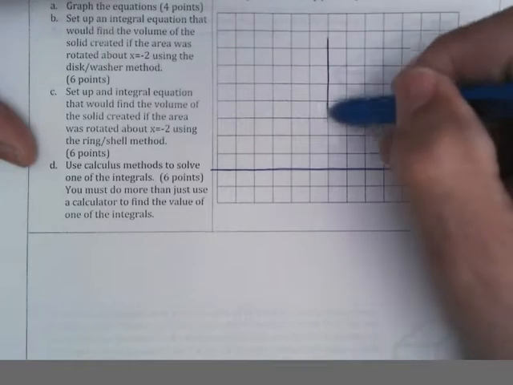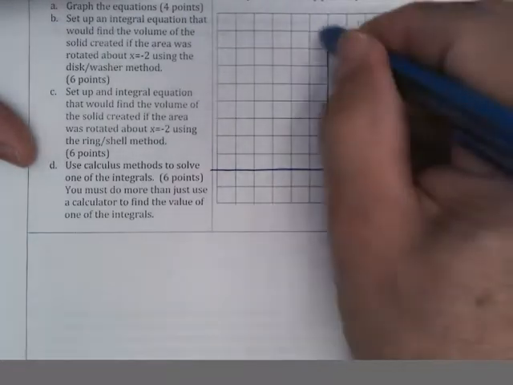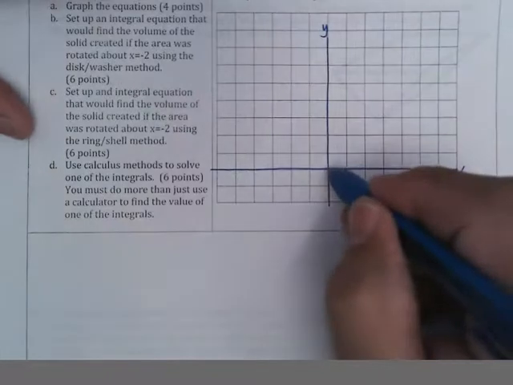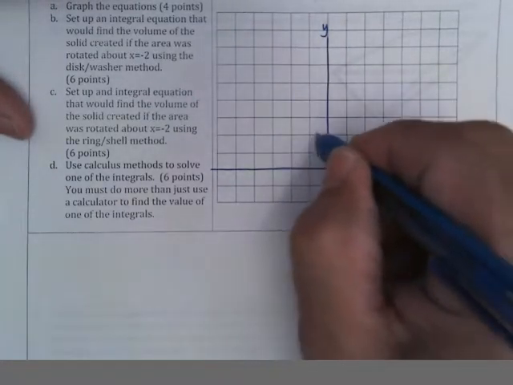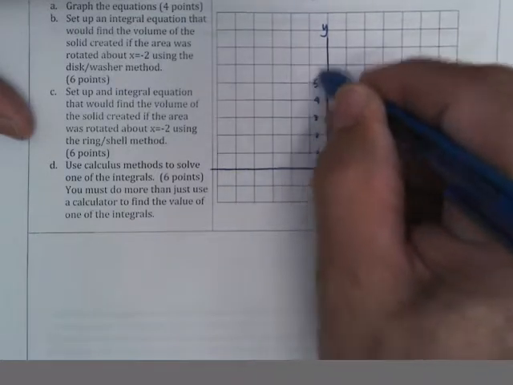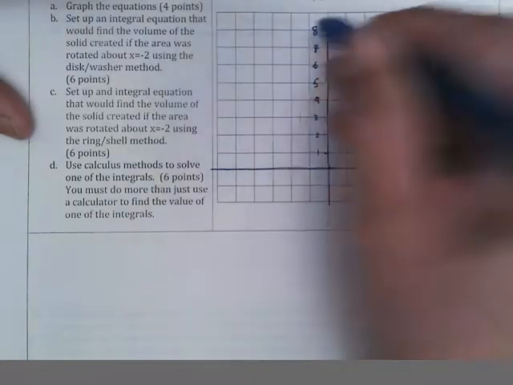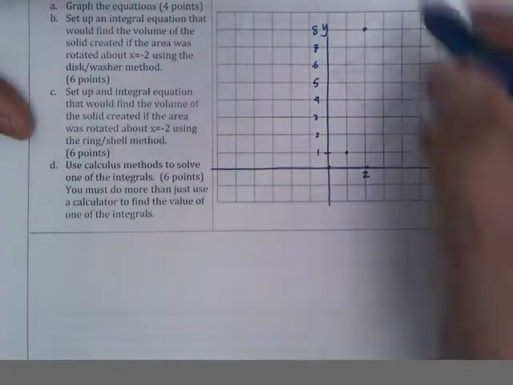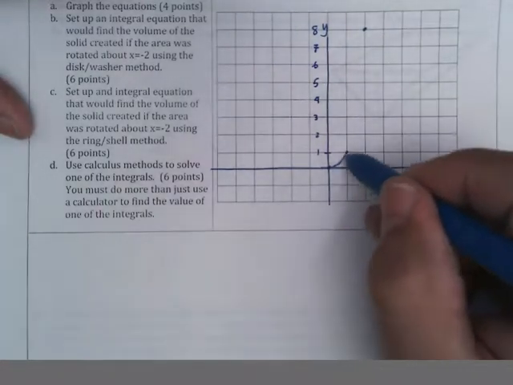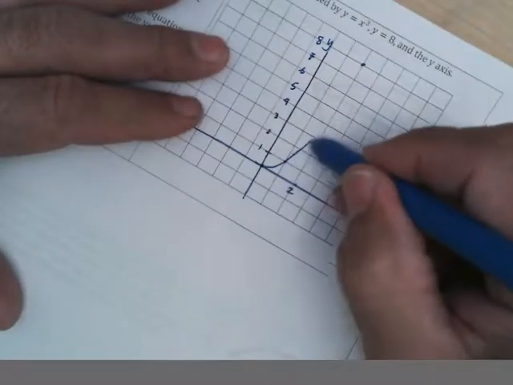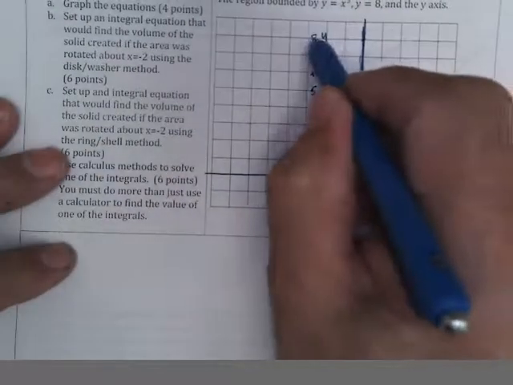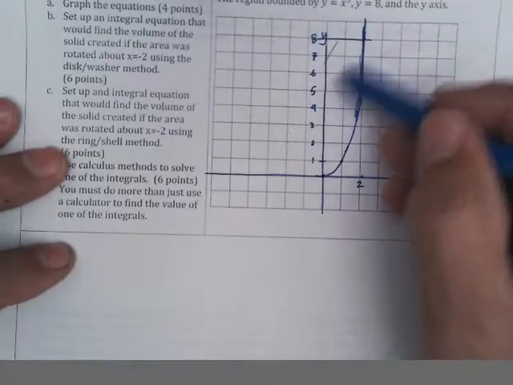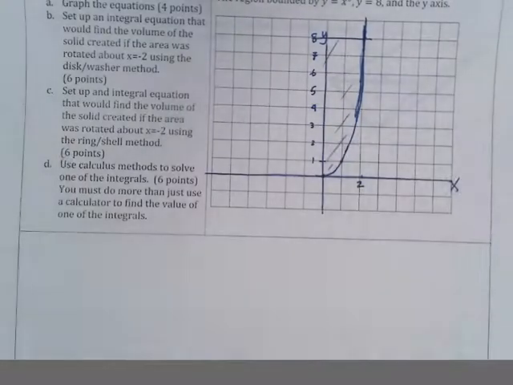So I'll put the y-axis here, and 0 cubed is 0, 1 cubed is 1, 2 cubed is 8, and this goes like this. Not straight up, but almost. y equals 8, and the y-axis is there.